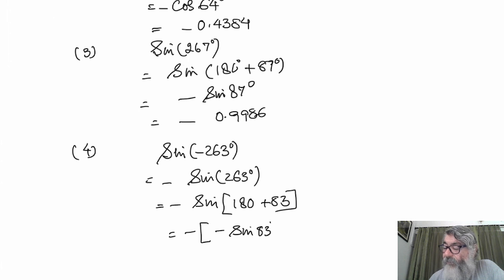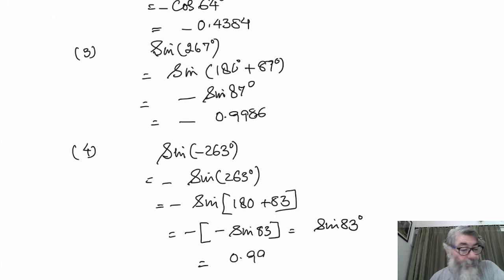So this minus and minus will become plus sine 83 degree, and the value of sine 83 degree from the log table is 0.9925.